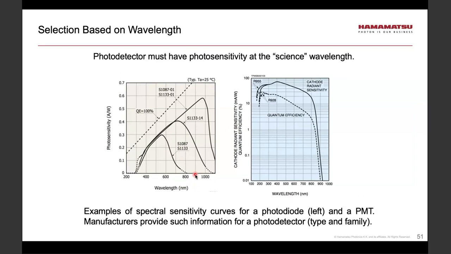Typically one would want to have the maximum response. In this particular case, for 900, it would be this device, S1087. Please note that such plots of photosensitivity as a function of wavelength are provided for all devices by manufacturers. On the right-hand side, we see such a plot for a certain PMT.